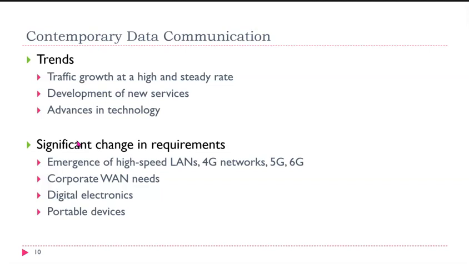The corporate wireless area network is needed as well. The requirements for digital electronics and portable devices are also changing with the advances of technology. So these are all ongoing research, which opens many opportunities for PhD research, and for R&D research in companies.